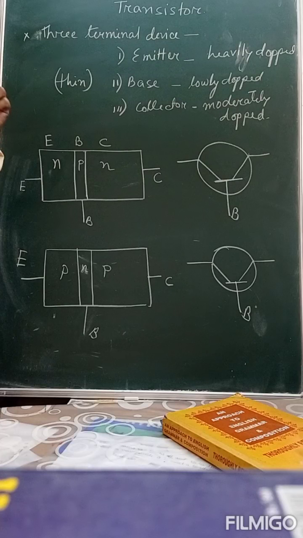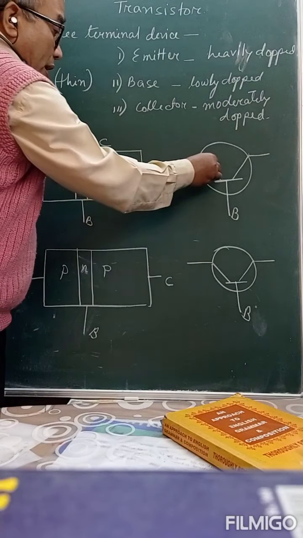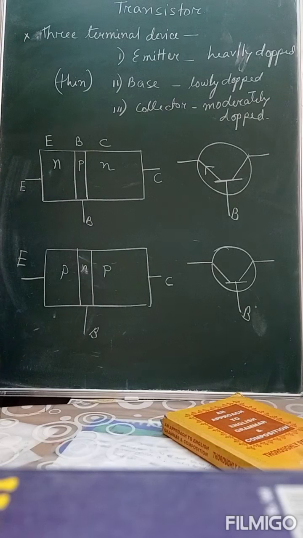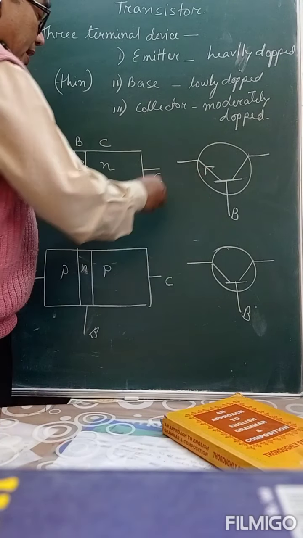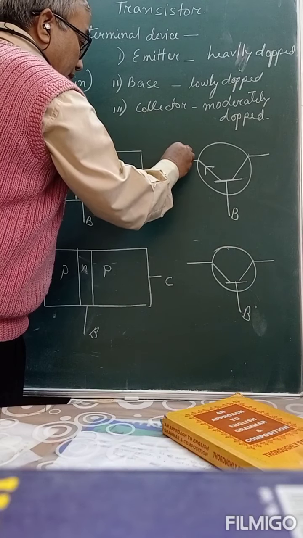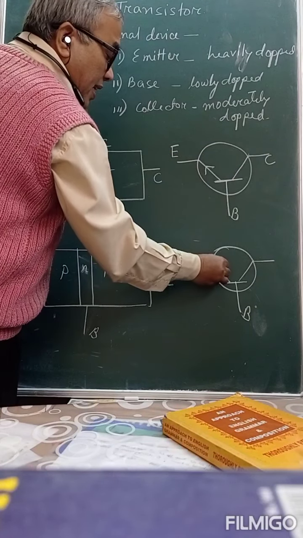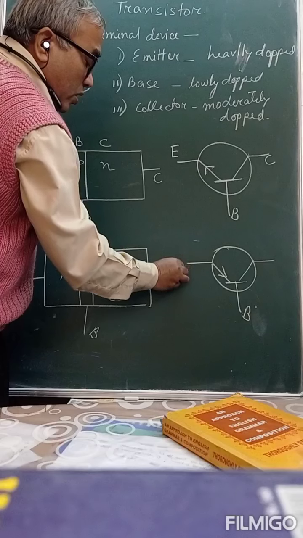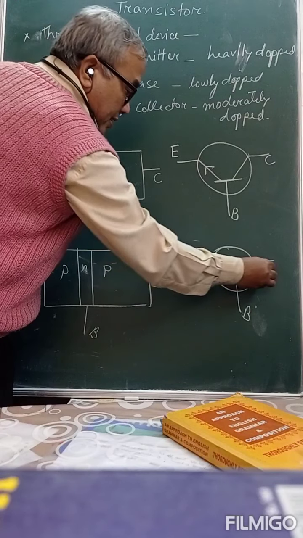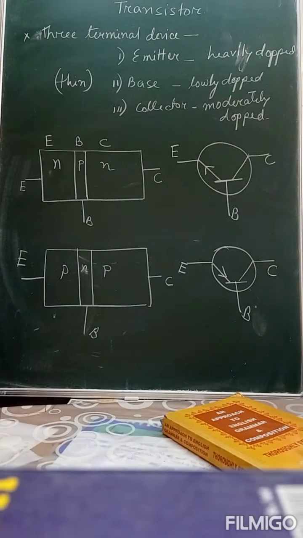Since emitter emits majority charge carrier, to represent the emitter, an arrowhead is given. Since the arrowhead is given here, this is the emitter and this is the collector.